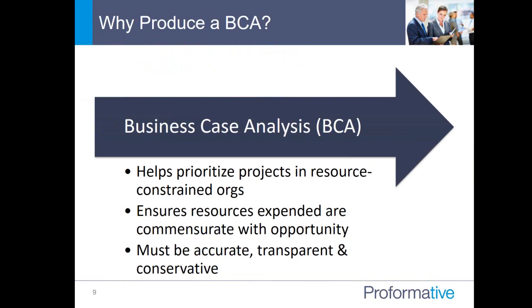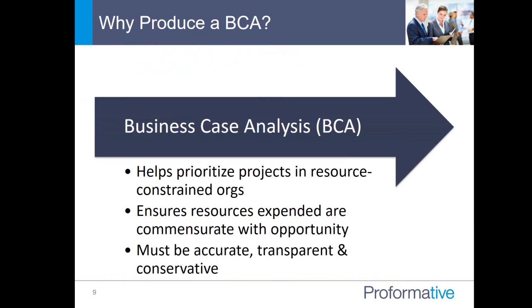I'm sure all of you have come across this before: there's a litany of projects that your organization may want to go down. How do you actually prioritize which ones make the best sense? The other piece, and I think one thing that often gets overlooked, is the amount of resources these IT projects really need to be successful.